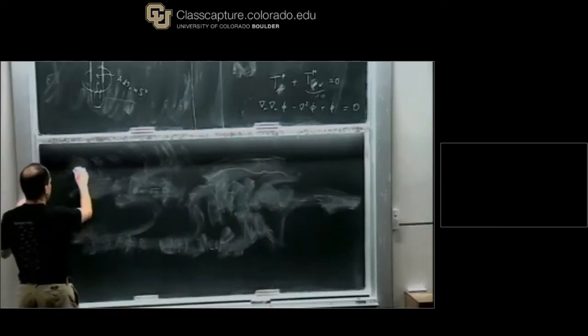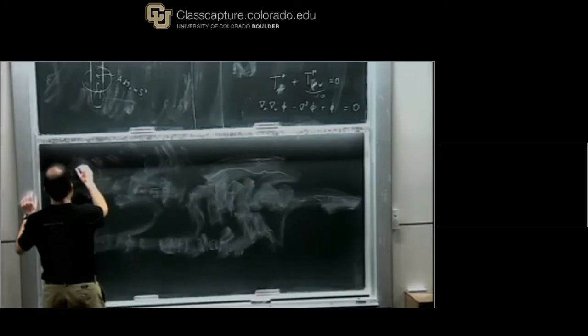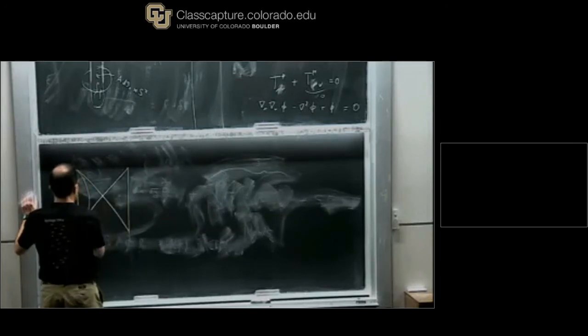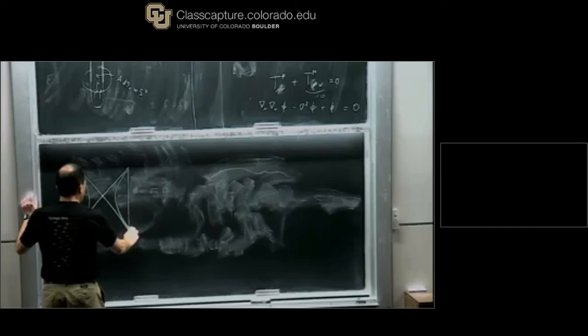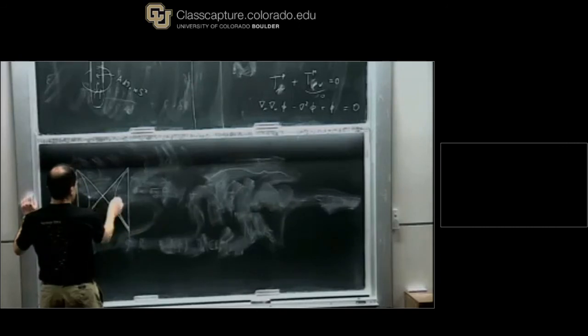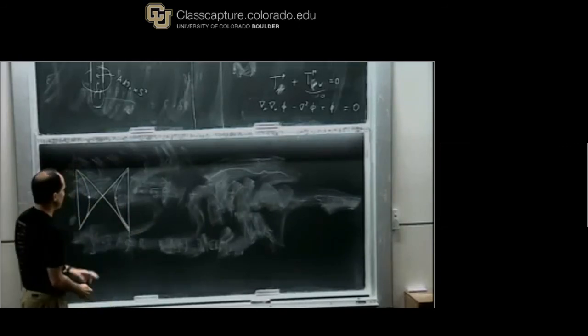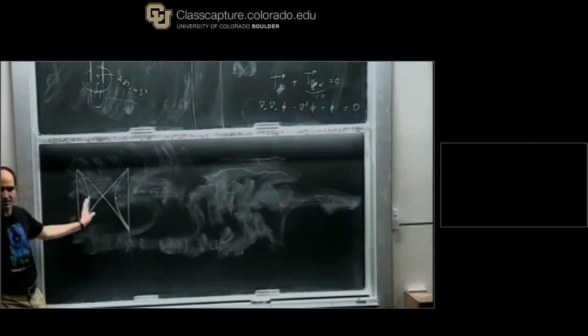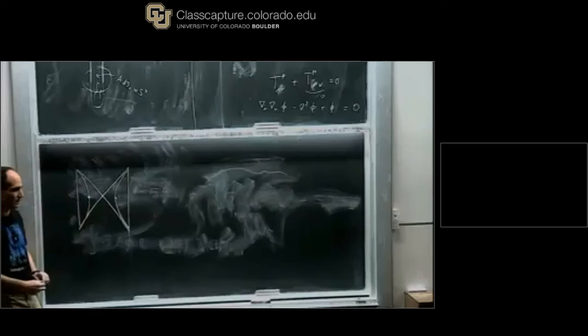If you have the thermofield double, so we have originally this situation, and then if you introduce an interaction between these two points, in the boundary system you can think of this as two quantum systems in an entangled state. Are you familiar with that, or should I explain that? Explain. Okay.